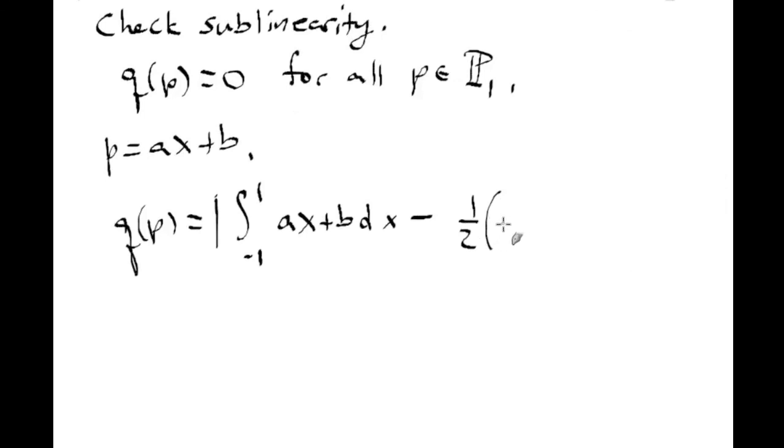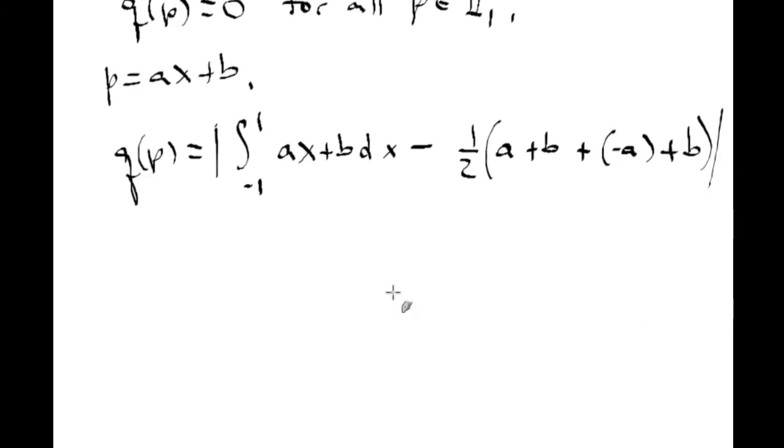Okay, so this is a plus b plus negative a plus b. I'll mention here ax is an odd function on a symmetric interval from -1 to 1. So its integral is going to be 0. And so what that means is that this integral is just going to be 2b.